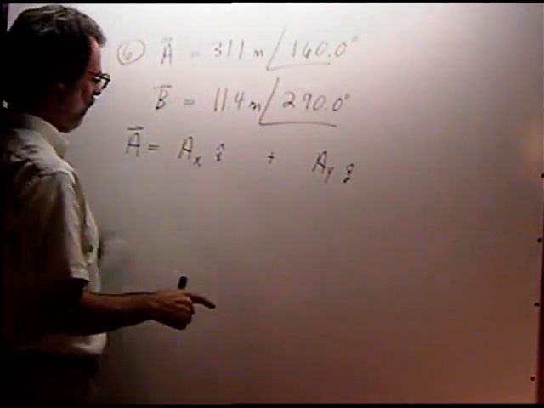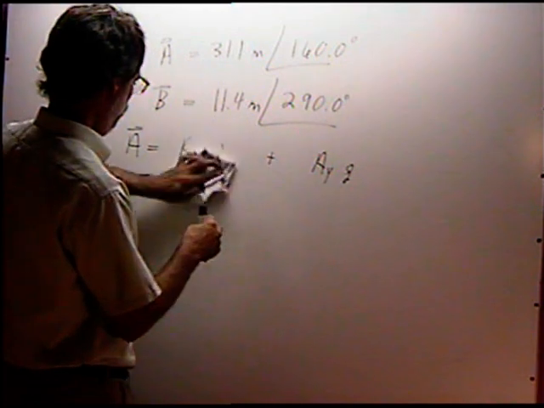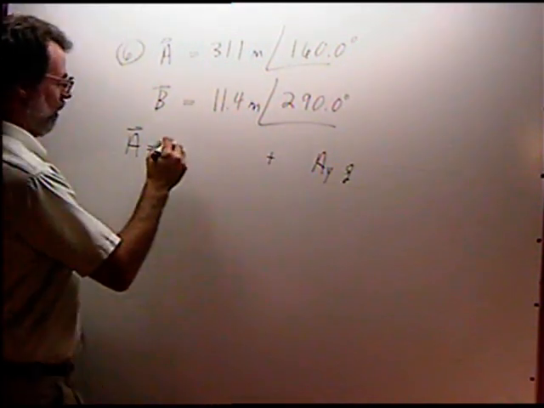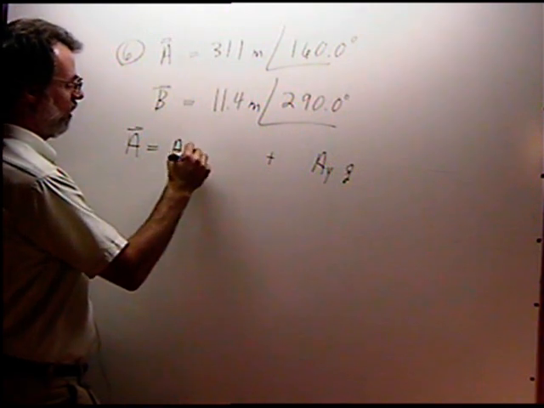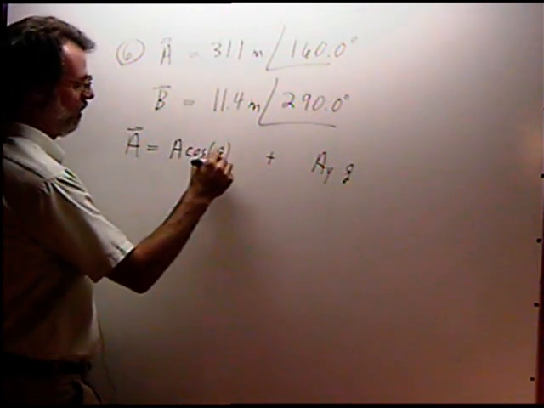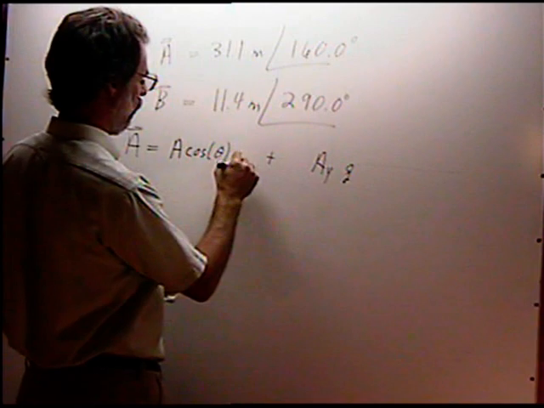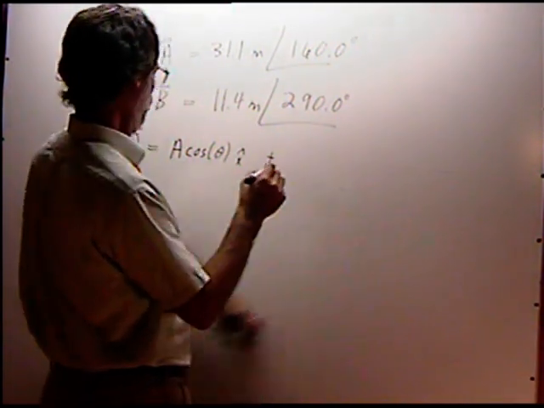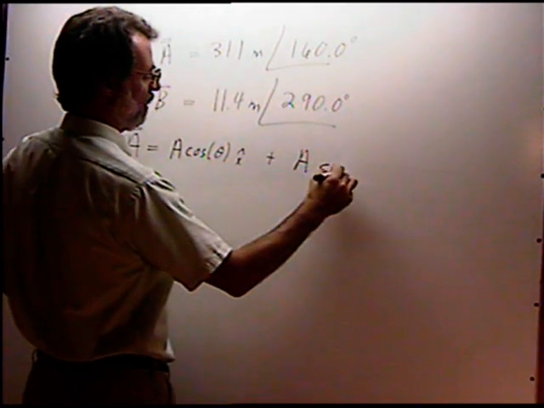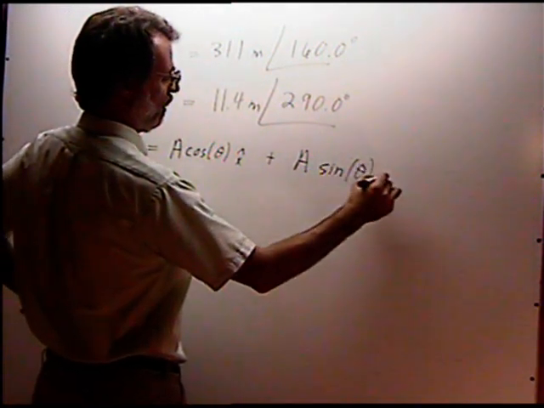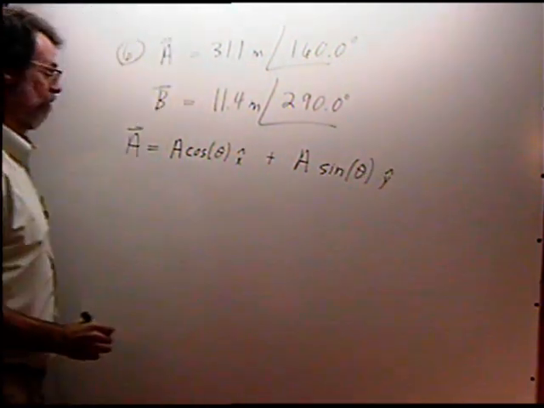What is AX? It's the magnitude of A times the cosine of the angle in the X direction, plus the magnitude of A times the sine of the angle in the Y direction.